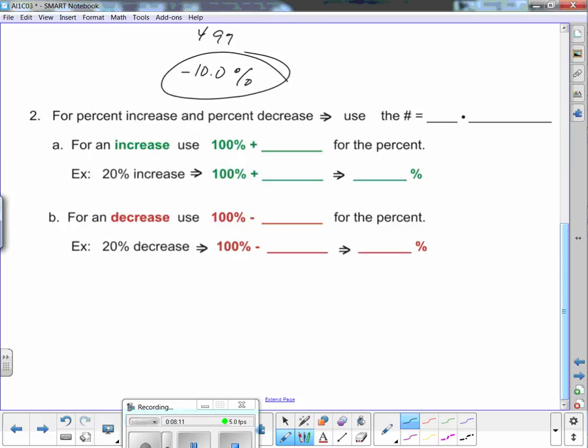Okay. For percent increase and percent decrease. So that's percent change. Percent increase and percent decrease. All right, so remember the main formula. The number equals the percent times the of number, right? I mean, that's still true. The part equals the percent times the whole, right?